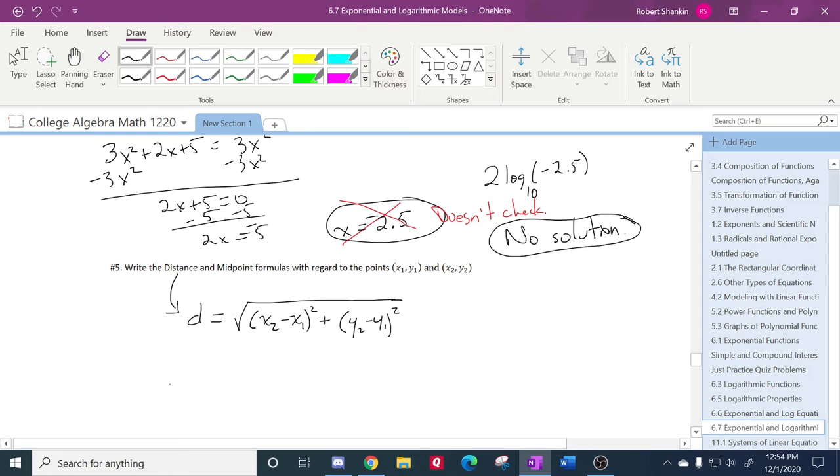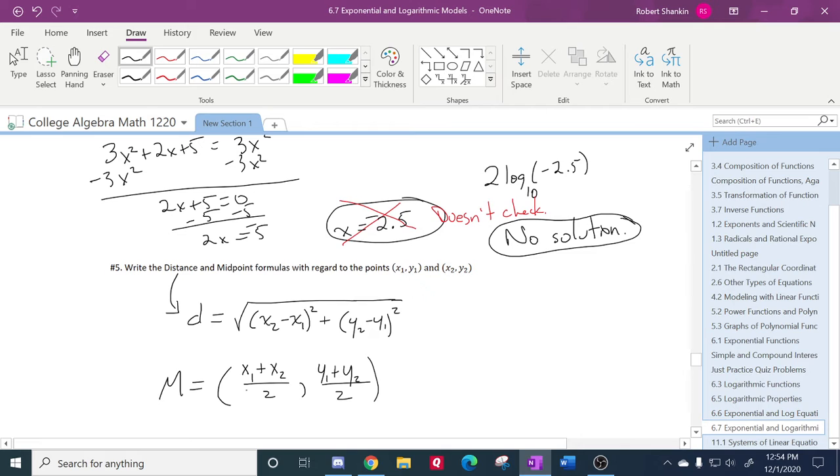And the midpoint formula, you average the x coordinates and you average the y coordinates to get the height that's just in between the two heights, the x coordinates that's halfway between the two, and so on. Alright. So those are the two formulas.